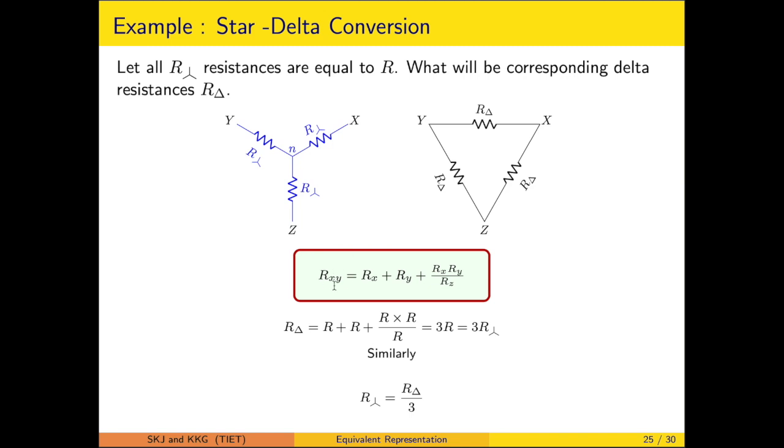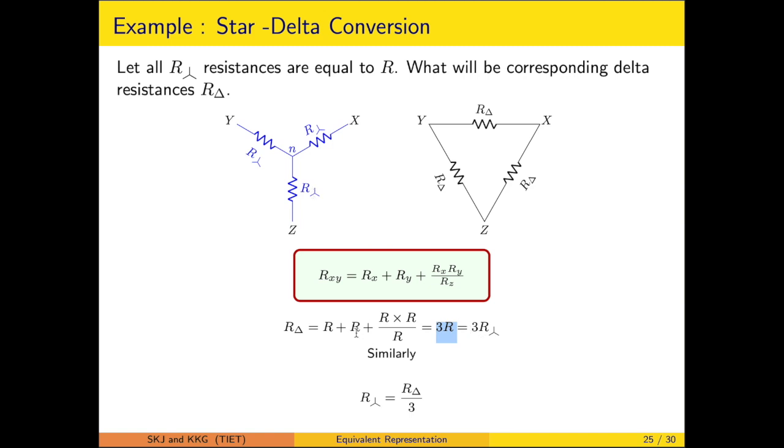Corresponding to the delta resistance, we know the expression Rxy is equal to Rx plus Ry plus their product RxRy upon Rz. All three resistances are equal, so this is R, this is also contributing R. So Rxy is coming out to be 3R, where R corresponds to the star arrangement.